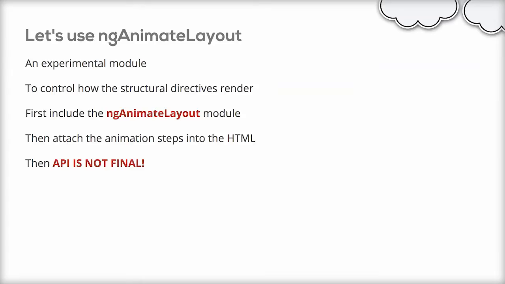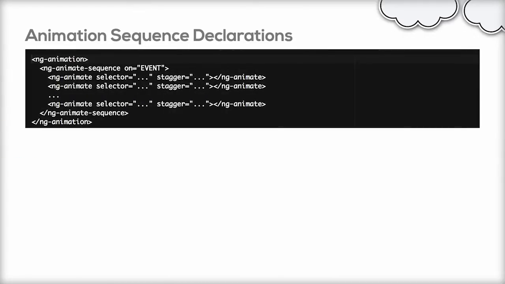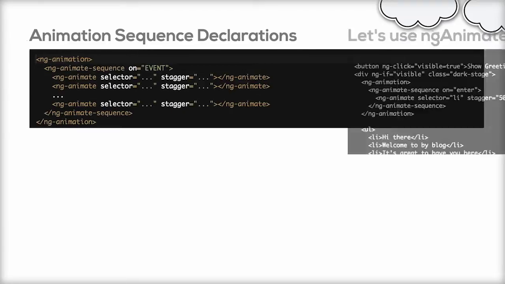So he's written this experimental module. The API is not final. I'm sure it has changed by now. Basically, you would have a declaration like this, where you can define how you want to animate things. And it would be separated, right? You would no longer add classes everywhere for your animations.